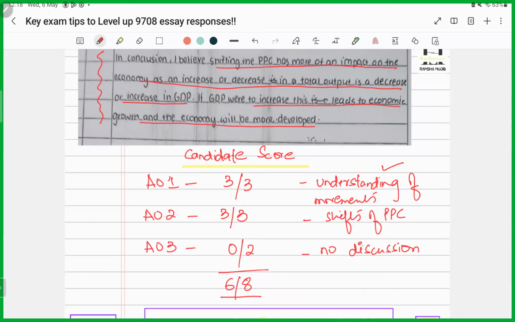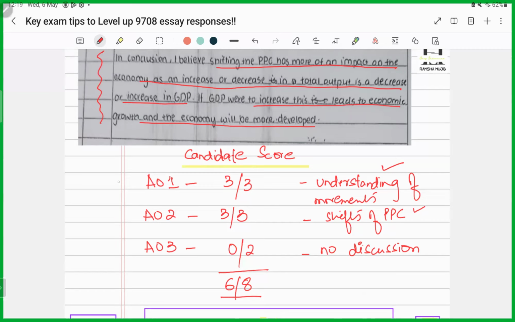So he had sufficient knowledge and understanding, showing a movement of the PPC, showing a little trade-off, talking about how it involved opportunity cost, plus drawing of the PPC curve, shifting it outwards, carefully demonstrating it, and distinguishing between a shift, talking about how more will be produced when there is an increase in the quantity or the quality of the factors of production.